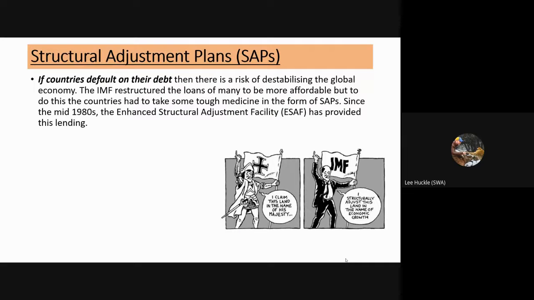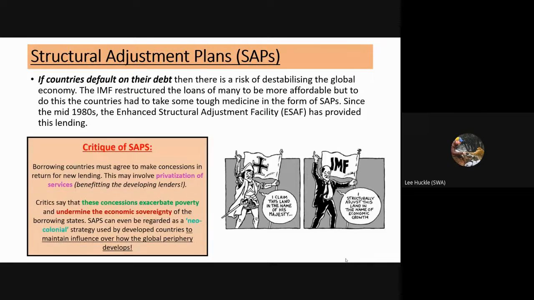We then looked at structural adjustment plans, or structural adjustment programs, SAPs. These were used by the IMF if a country had defaulted on their debt, and we recapped what they were. But we then looked at some of the critiques of these structural adjustment programs, some of the problems associated with the SAPs that were run through the IMF.